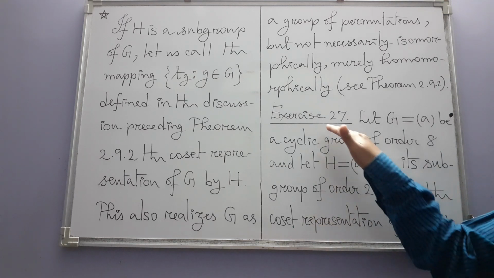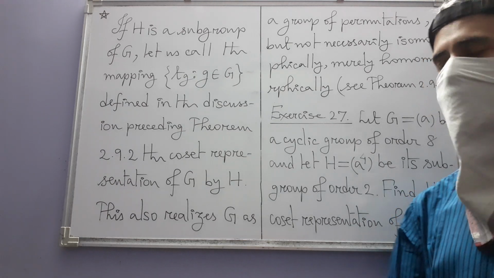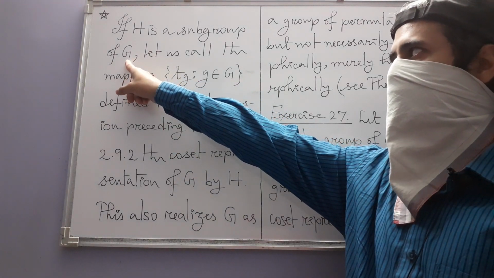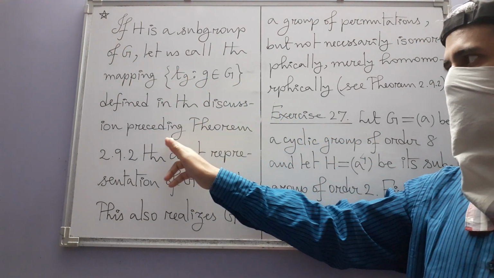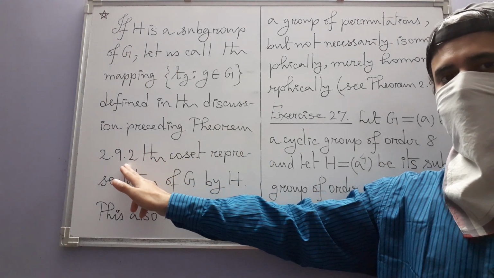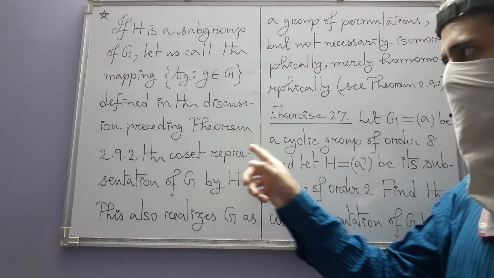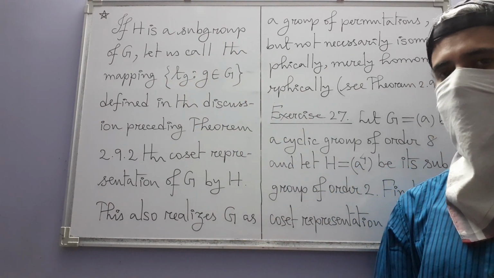So before the exercises start, there is a small paragraph in the text, and the paragraph just says this. Say you have a group G and you have a subgroup H. Now in the discussion preceding this theorem 292, we have already come across this previously. We defined some functions Tg, right?